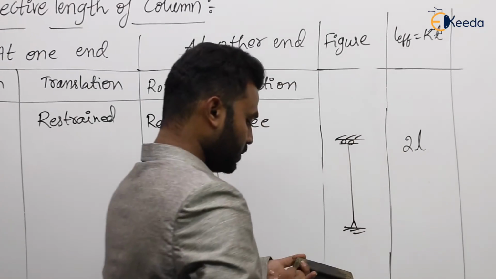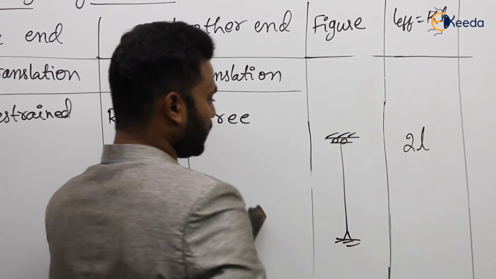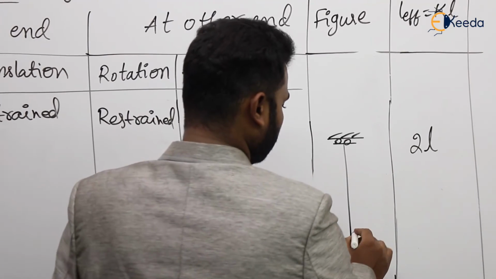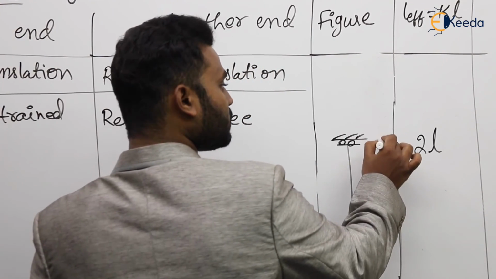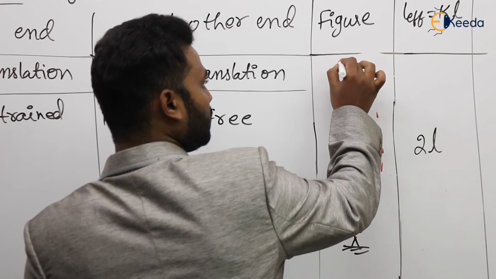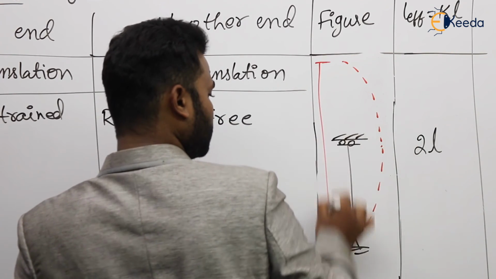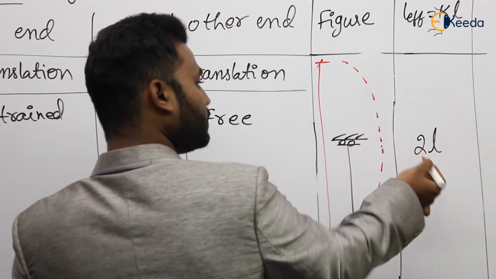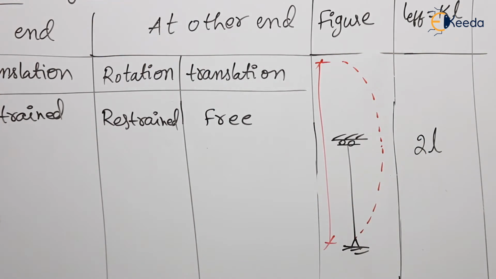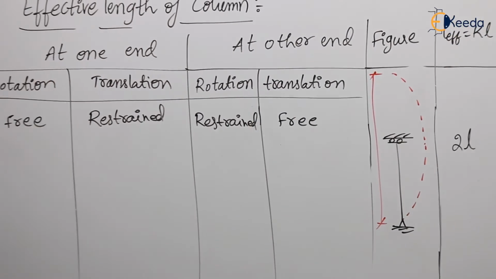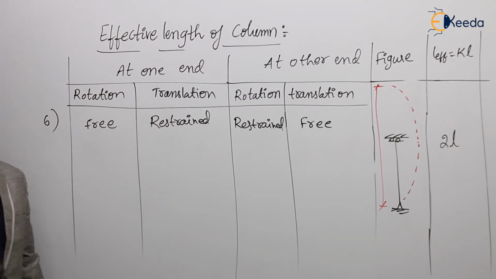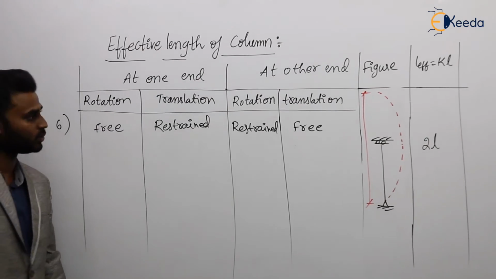This is the case. Now if you observe the deflected shape, it will be like this. There is no change in curvature area. For this we have to extend it like this here. This total in this case is L effective, which is 2L. So these are the L effective lengths based on the end conditions. These are the cases in which we should know about L effective. So take it down.